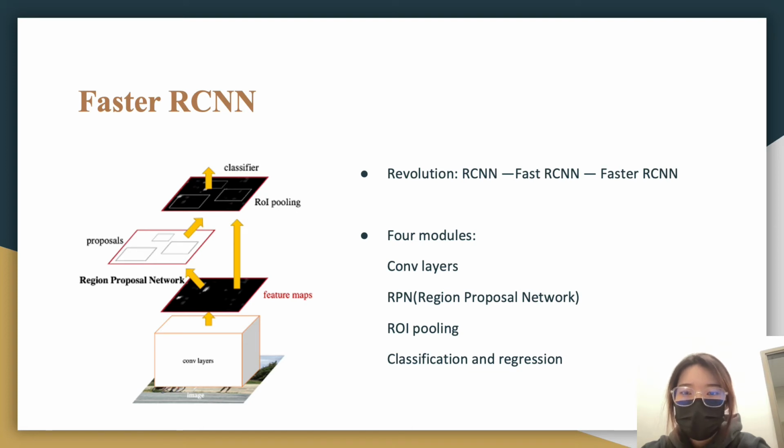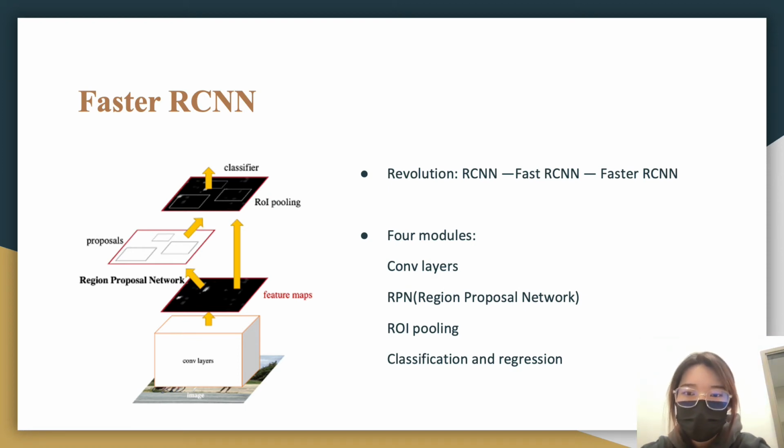Fast RCNN, which appeared in early 2015, is an improvement of RCNN, which adopts ROI pooling to share the parts with a large amount of computation and improve the efficiency of the model. Faster RCNN was subsequently proposed, which is the first fully differentiable model. Faster RCNN is the third version of the RCNN paper.